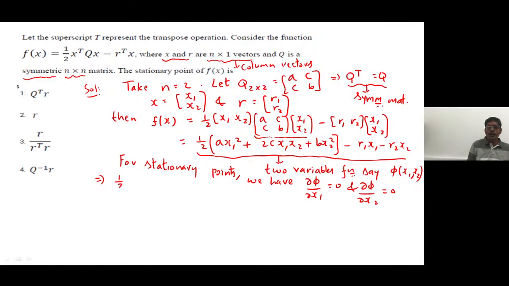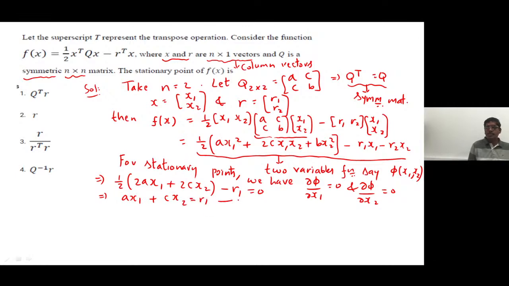So here half times a x1 square, derivative 2x1, so 2a x1, the 2 and c are constants, x2 constant, x1 derivative 1, so this is 2c x2, plus b x2 square constant 0, minus r1 r2 constant, x1 derivative 1, x2 also constant, so that last term becomes 0, simplifies to minus r1 equal to 0. So I can write a x1 plus c x2 is equal to r1.